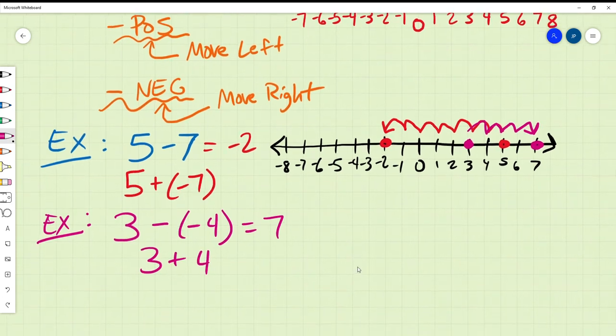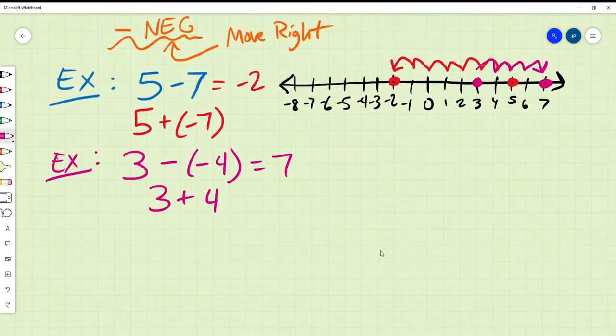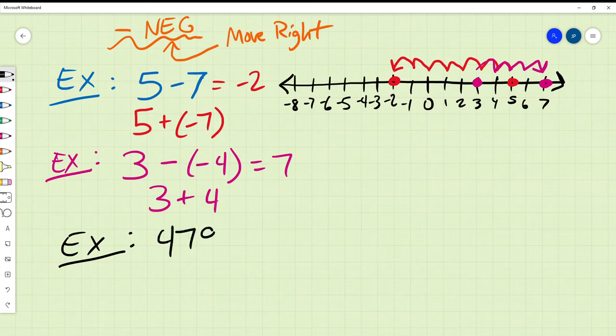Now again, like I've said, sometimes we don't always have time to draw out a number line, and sometimes it doesn't make a lot of sense to do that. So say we have another example, but say we have some pretty large numbers. Say we have something like 479 minus 512.